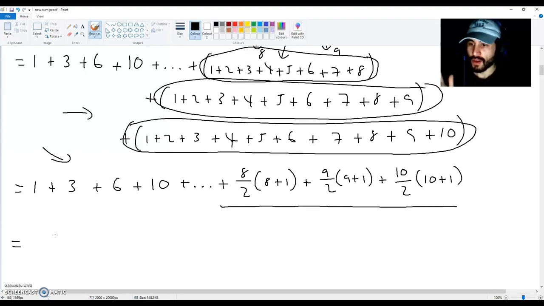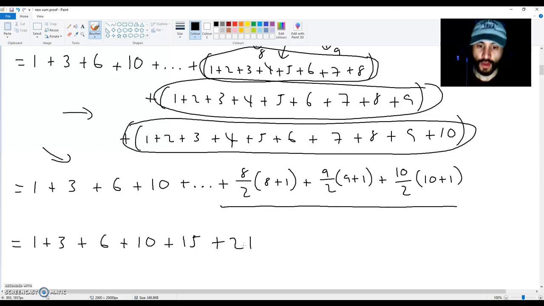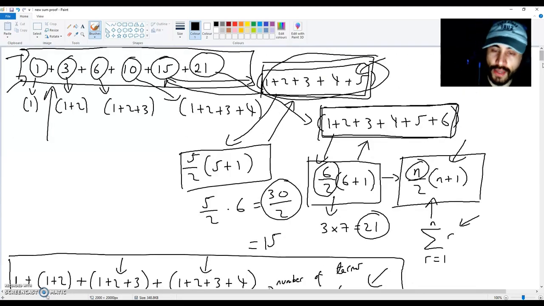If we do that, we're going to end up with 1 plus 3 plus 6 plus 10 plus 15 plus 21, because of what we know up here. 21 is in fact 1 plus 2 plus 3 plus 4 plus 5 plus 6, sorry, over here. And 15 is this over here, 1 plus 2 plus 3 plus 4 plus 5.